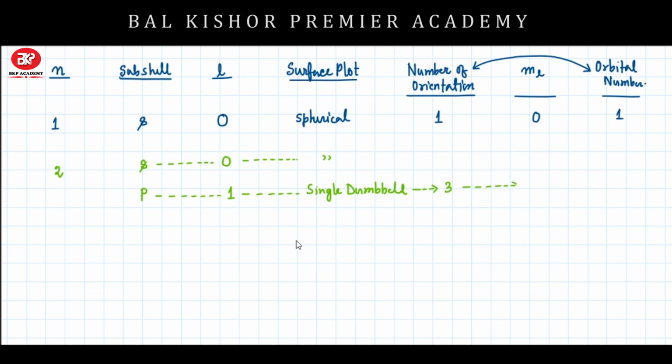That's why we get ML as 0, -1 and +1, so we get 3 orbitals. Similarly, for the S subshell of the second orbit, we'll have 0. All these things are similar to the knowledge that we have gained earlier.